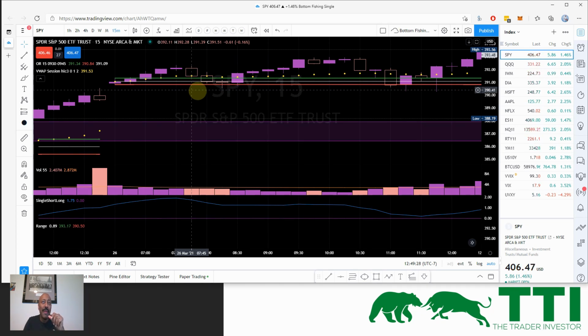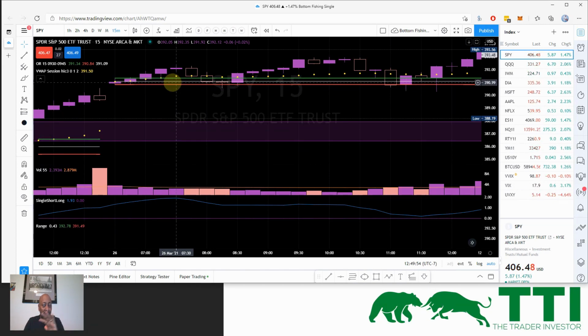Criteria two, we want VWAP to be above the midway point of the 15-minute range for us to take any signal on the long side. And for us to take any signal on the short side, on the downside, we want the VWAP to be below the midpoint of the 15 minutes opening range.